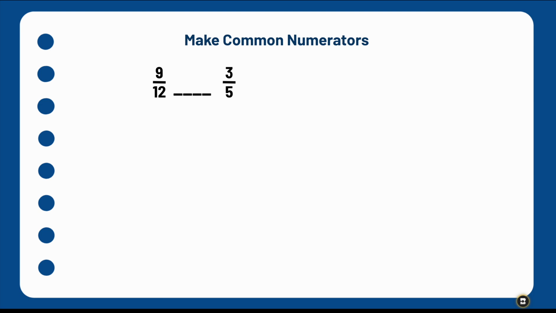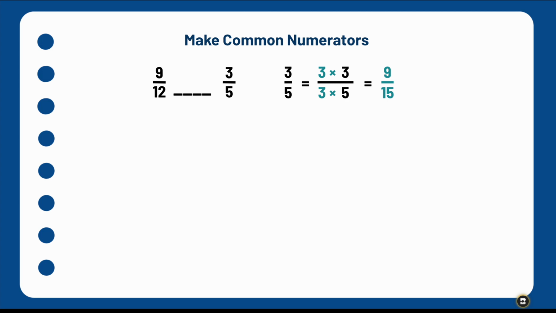Looking at the numerators, they are 9 and 3. Those are related numbers, so we may be able to use multiplication or division to make common numerators, then compare the fractions. 3 times 3 equals 9, so multiplying the numerator and denominator of 3/5 by 3 will give us an equivalent fraction.